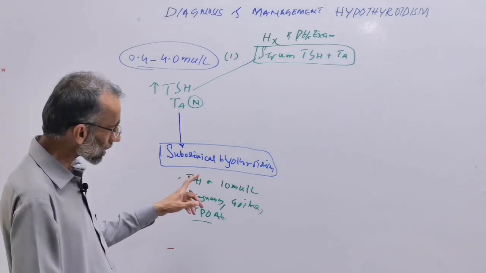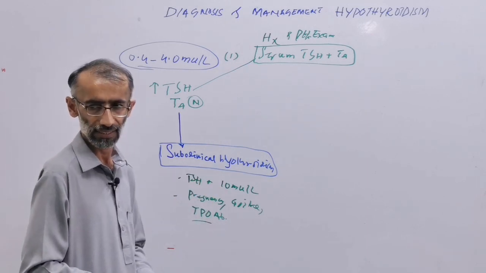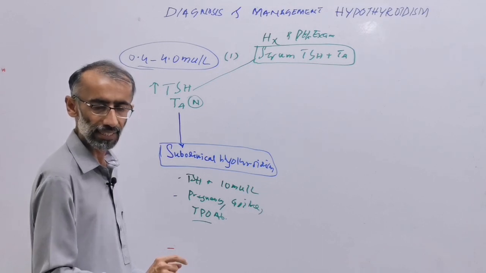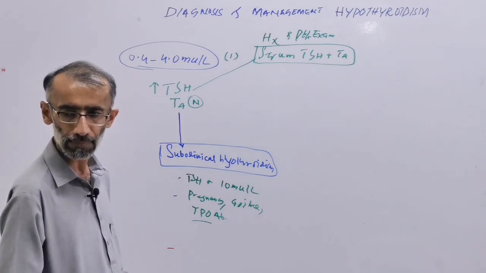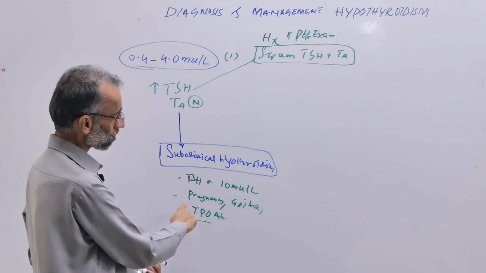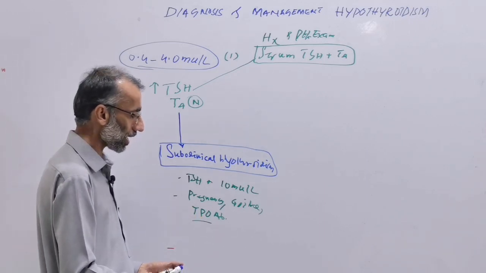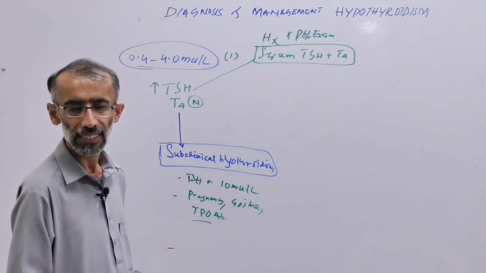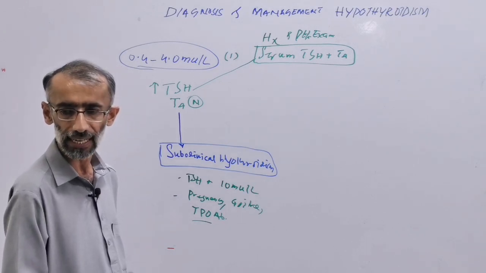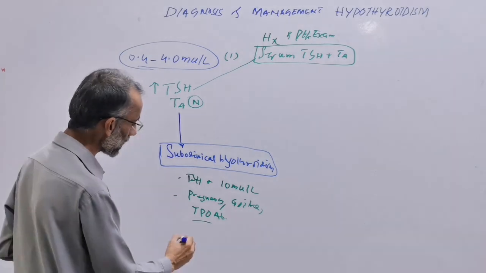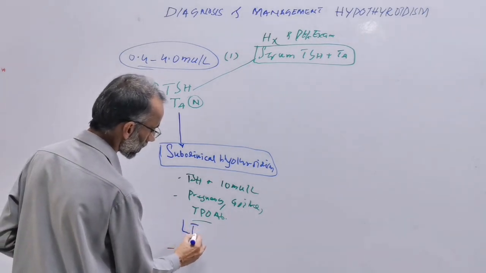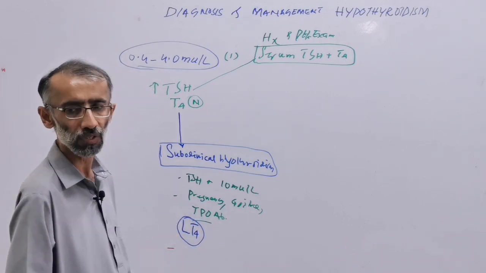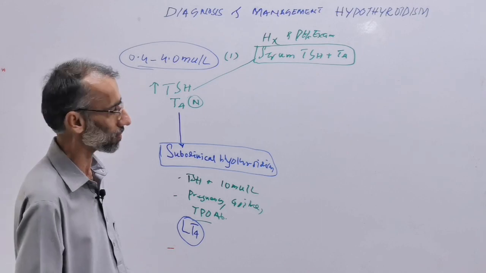If the TSH is persistently above 10 milliunit per liter, or there is pregnancy, goiter or TPO antibody, then treat subclinical hypothyroidism with levothyroxine.